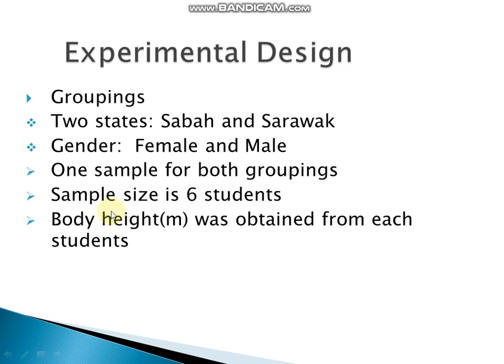For grouping, we have two states, Sabah and Sarawak, and gender, female and male, with one sample for each grouping. Each sample consists of 6 students, and the body height was obtained from each student.